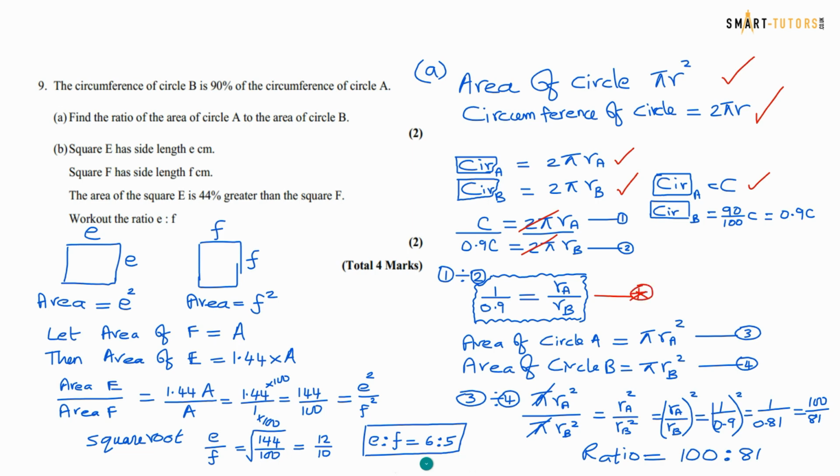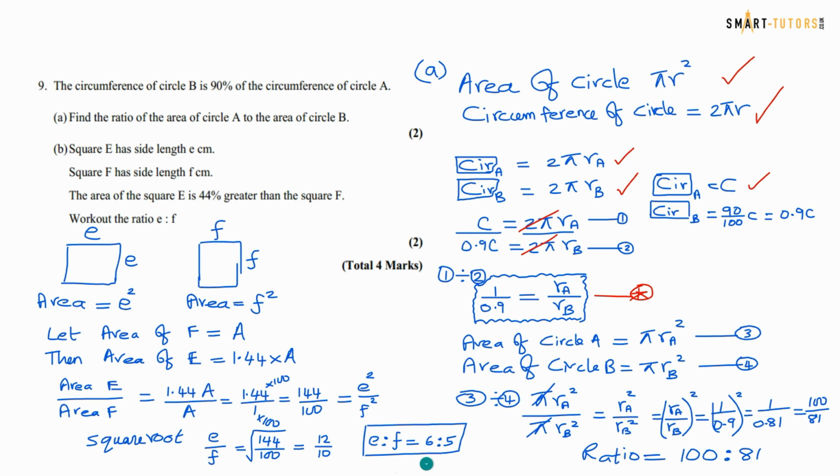Keep that one. Area of circle A is pi rA squared. Area of circle B is pi rB squared. So the ratio between the two areas is pi rA squared divided by pi rB squared. Pi and pi cancel, giving rA squared divided by rB squared, which means rA divided by rB, whole thing squared. Here we already found rA over rB is 1 over 0.9.